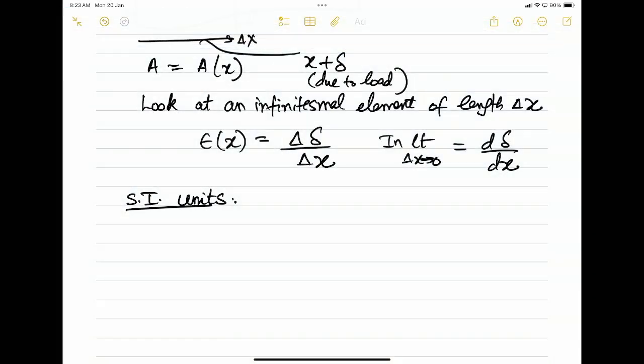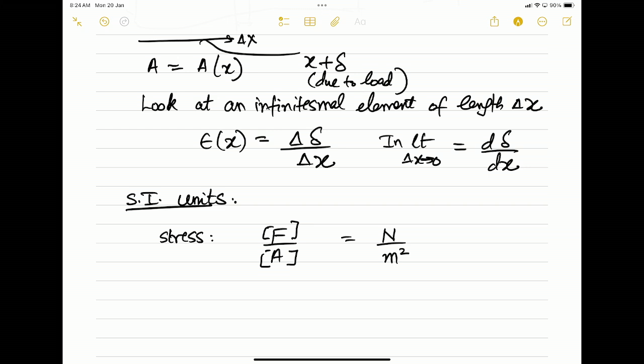In SI units, the units of stress will have the dimension of force divided by area. So in SI units, this would be newtons per meter square, and this is also referred to as Pascal.